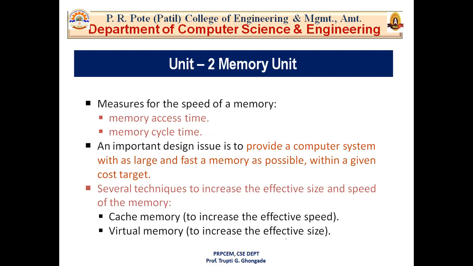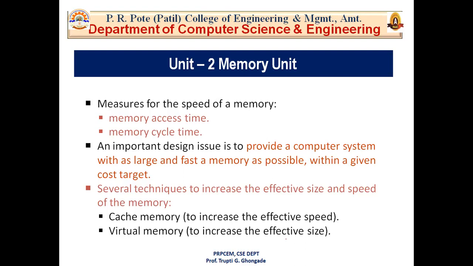As I told you, the memory access may be synchronized by using a clock. Let's consider the speed measure of memory. A useful measure of the speed of a memory unit is time. How do we calculate the speed of memory?